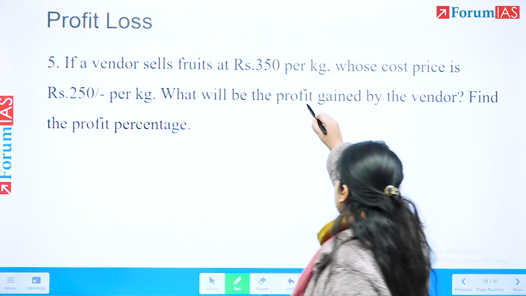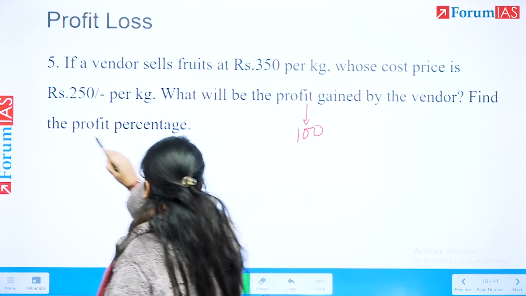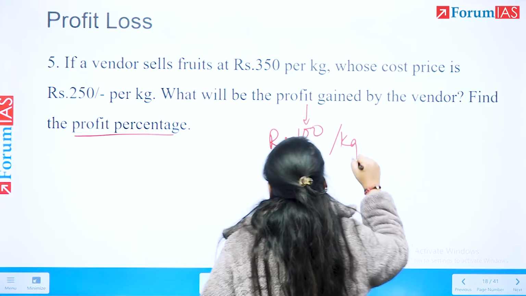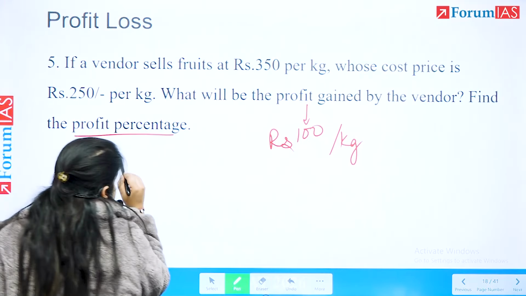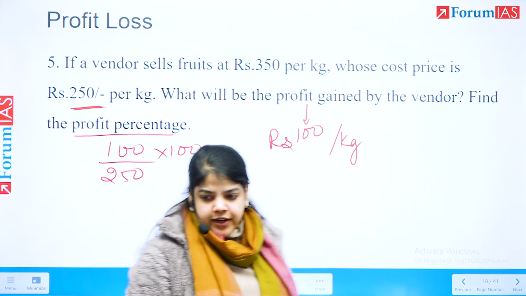So the profit is rupees 100, and the profit percentage will be, this is rupees 100, the profit gained by the vendor per kg, and the profit percentage per kg is 100 divided by cost price 250 into 100 equal to 40%.